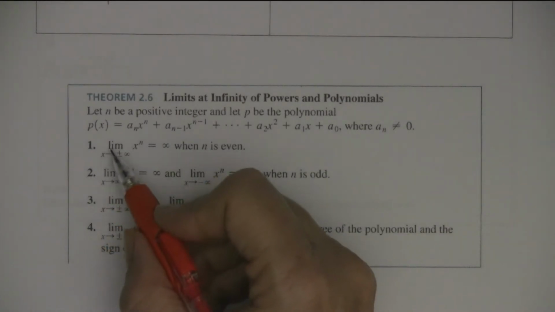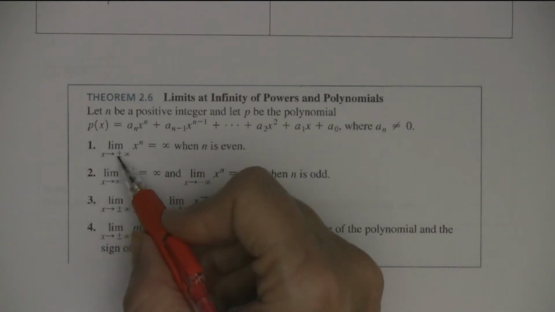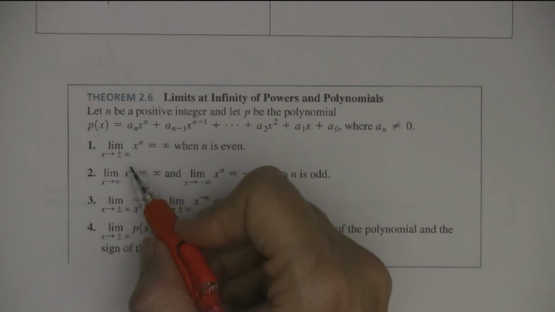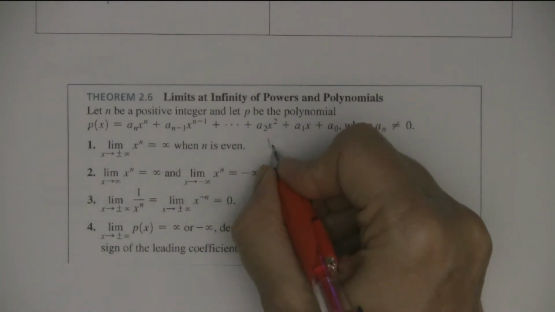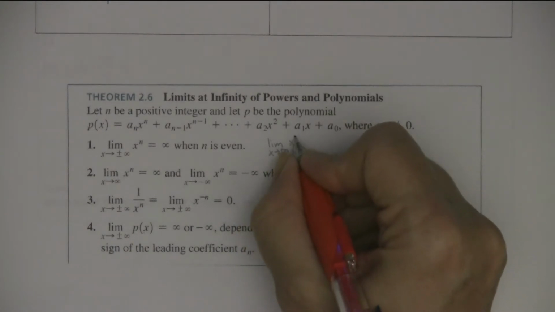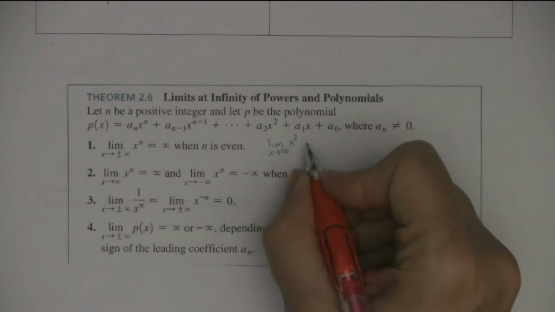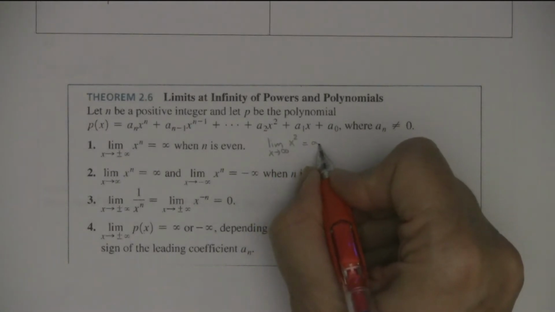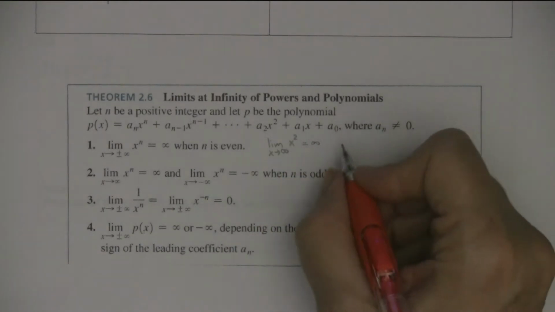So this first one is the limit of x raised to the n as x goes to plus or minus infinity. If this is even, in other words, like the limit as x goes to infinity of x to the second. As I get close to infinity for x to the second, wouldn't you agree that that's going to infinity? And would that change if this was a 4 or a 6 or an 8? Well, it'll just be going faster, right?